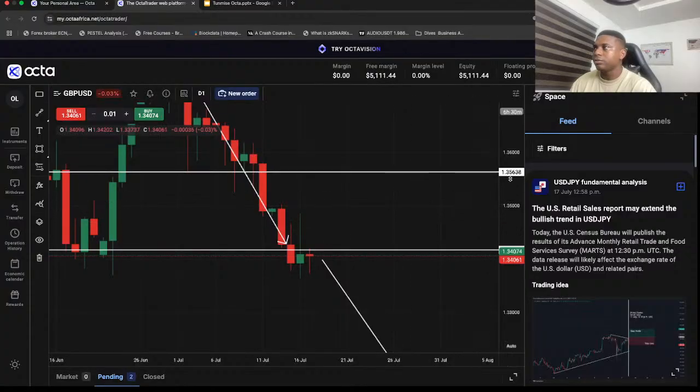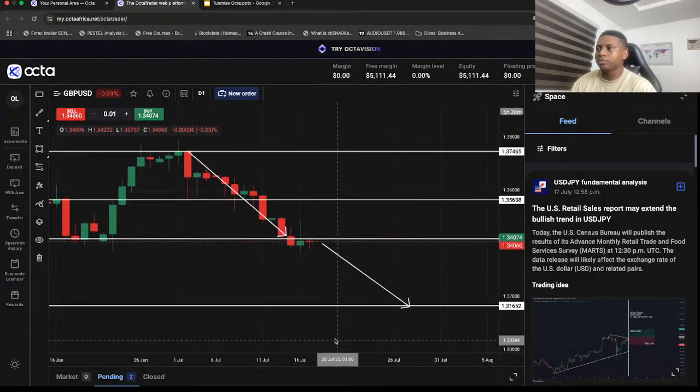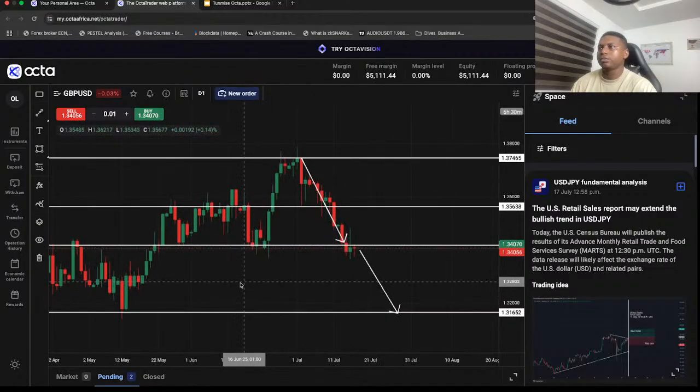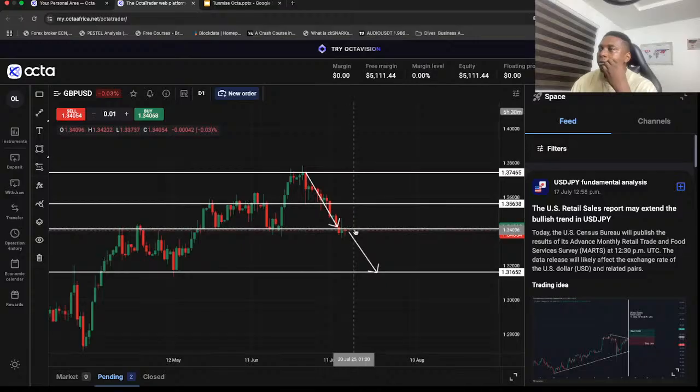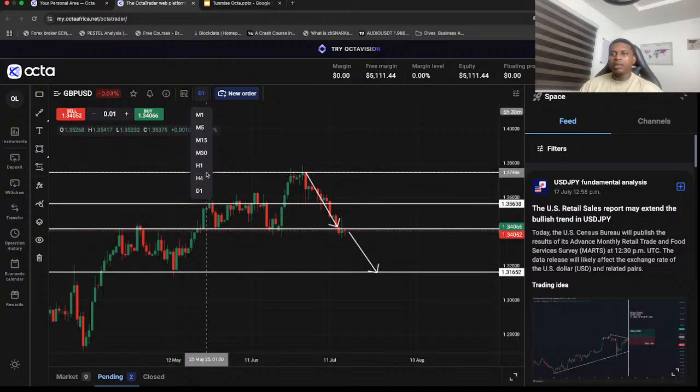Now there's a higher chance that it will continue to fall. Having established that, let's go to the lower time frame where we can see more clearly what is most likely happening.